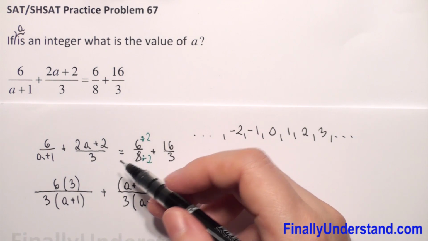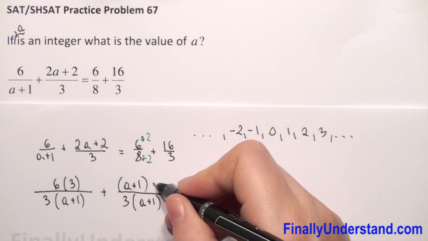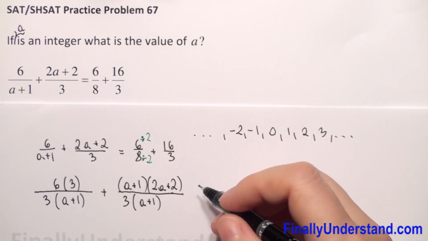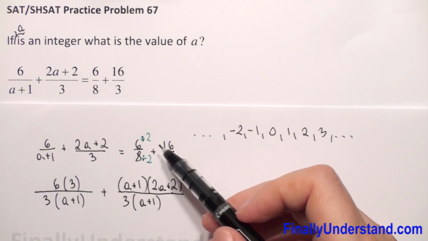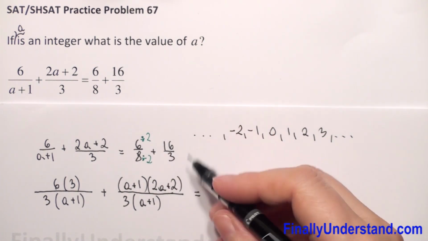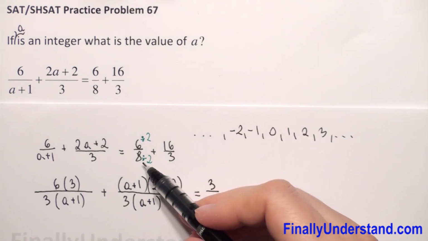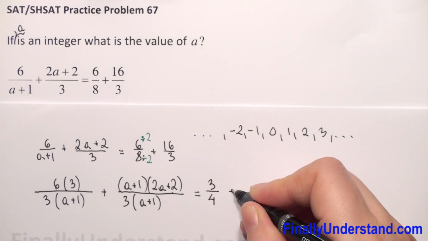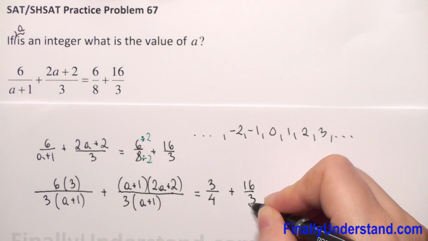And we have 2a plus 2. We have to put it in parentheses. So this is equal, and let's first reduce. 6 divided by 2 is 3. 8 divided by 2 is 4, and we have plus 16 over 3.